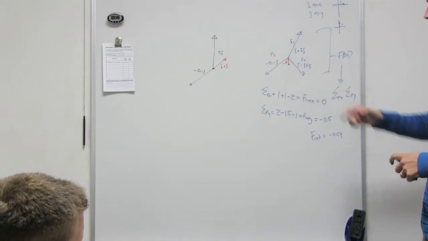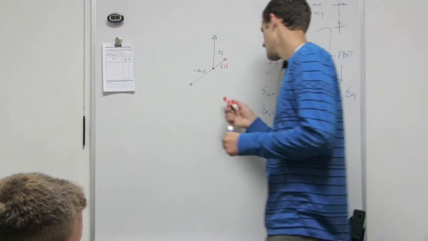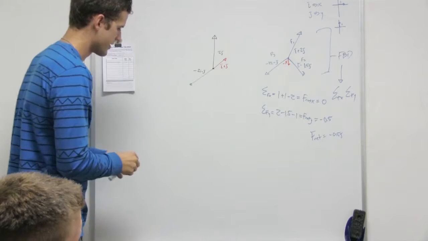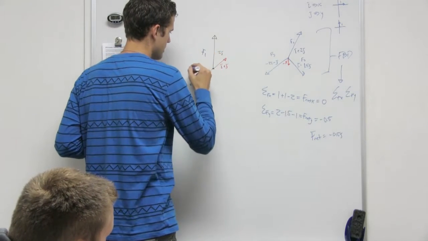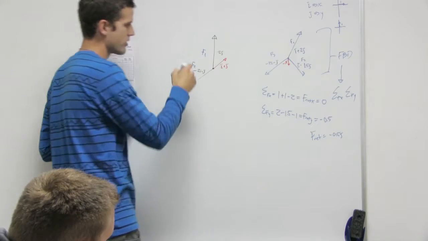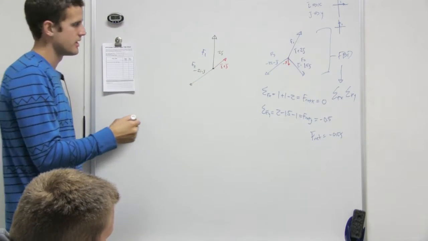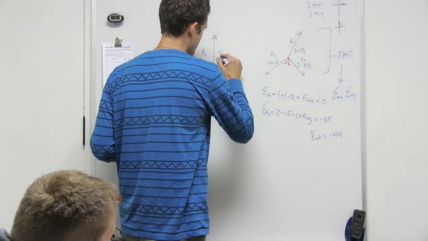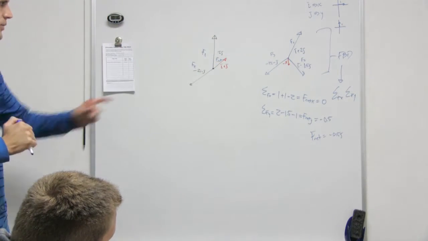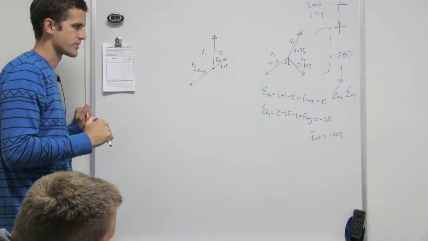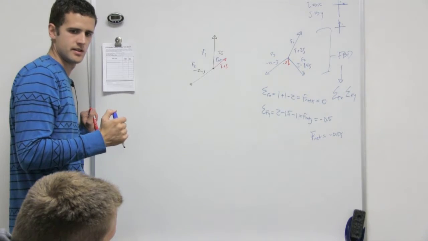So those are the normal ones that you did. This one, you've got force 1, force 2, and you know there's a third force that you're trying to find using the net force. How did you set this one up a little differently to find force 3 instead of force net?